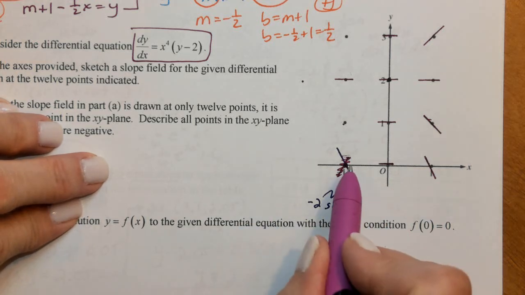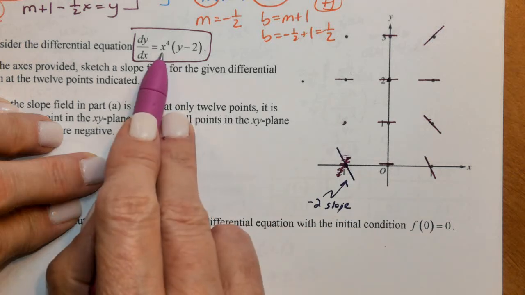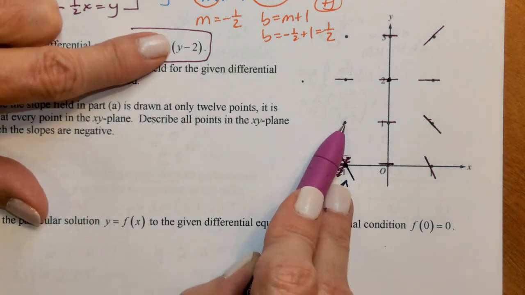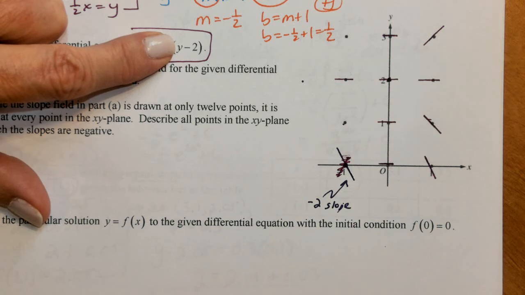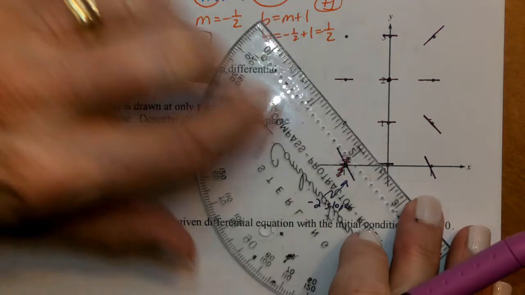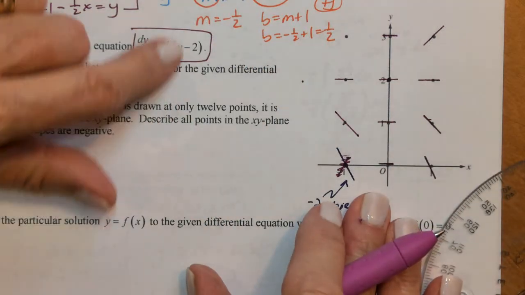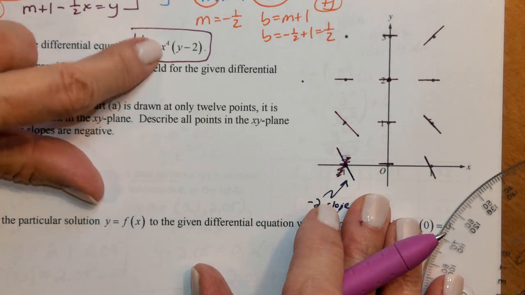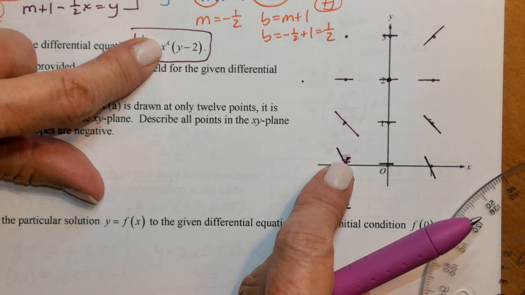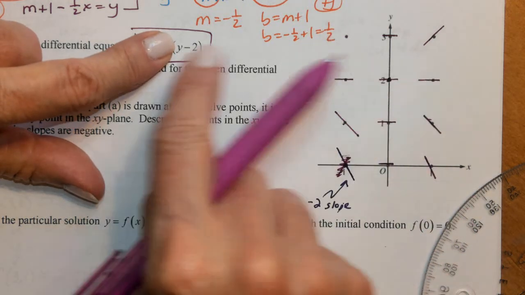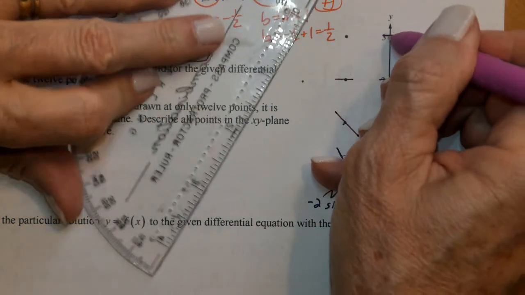All right, let's continue. Negative 1 to the fourth is 1, times negative 1 is a negative 1. So we got a little negative 1 slope. And then negative 1, that's going to be a positive 1 out front after we raise it to the fourth power, times 3 minus 2, which is going to be a positive 1.